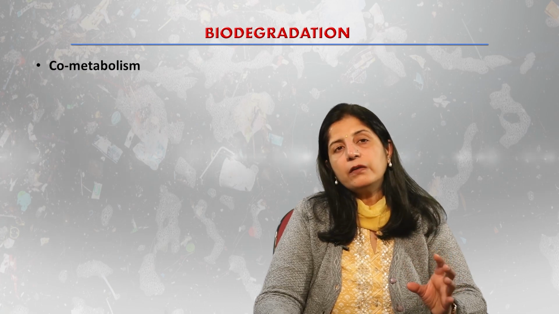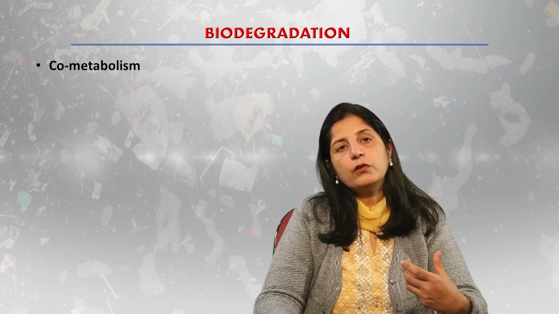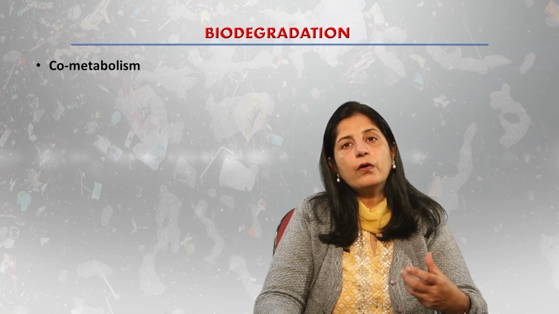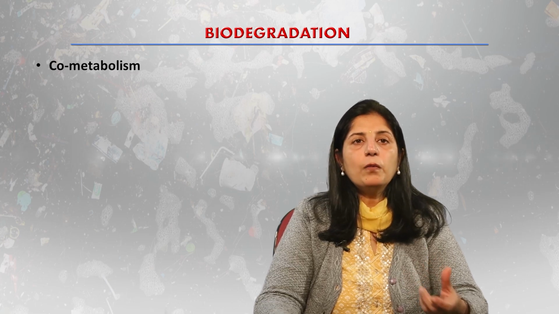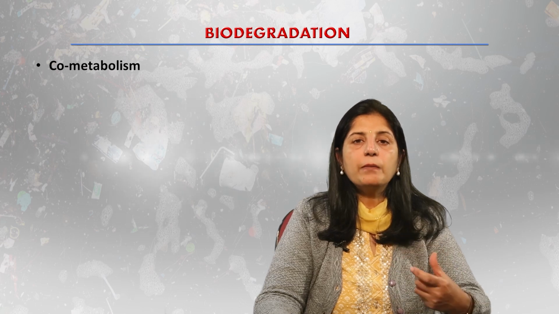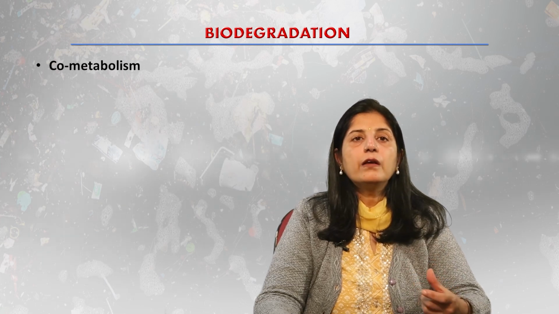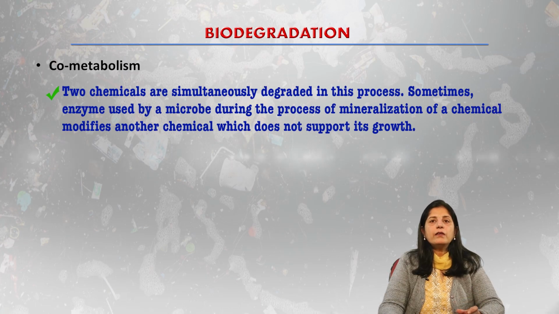Then another aspect is metabolism. These microorganisms are using these chemicals for their metabolic processes, and one important aspect is co-metabolism, during which some harmful chemicals are also degraded. So, what is co-metabolism? Two chemicals are simultaneously degraded in this process.